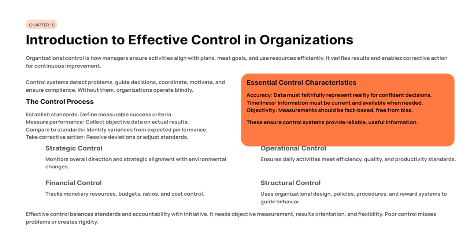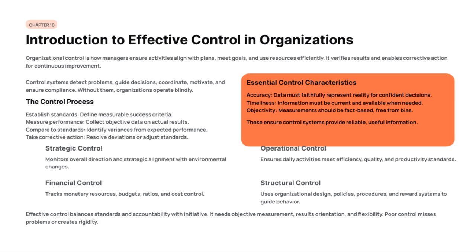If control is poorly implemented, it can either overlook problems or create unnecessary rigidity that stifles innovation. Control systems guide behavior through organizational design, policies, procedures, and reward systems. These elements shape how people act and ensure alignment with organizational goals.